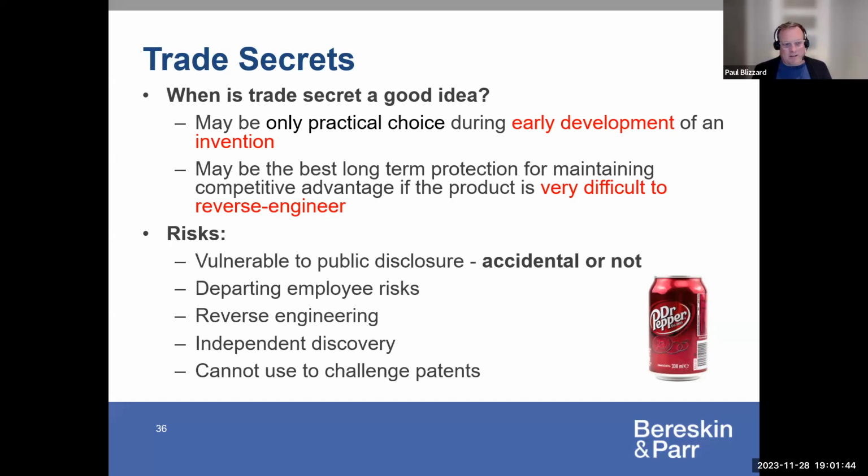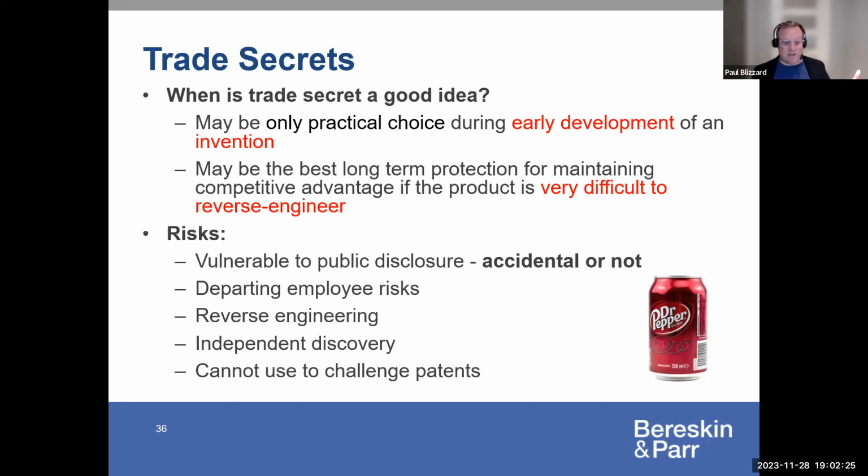The other way, getting back to this question, is when a trade secret is a good idea. It's also a very good idea to consider trade secret protection when something is impossible or very difficult to reverse engineer. A good example of this is the recipe for Coca-Cola or the recipe for Dr Pepper. In that case, you could have many steps. The manufacturing or the creation of the beverage may have some things that would be very difficult to reverse engineer from having the product.